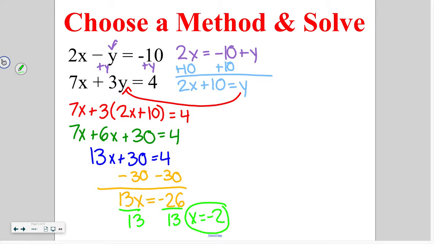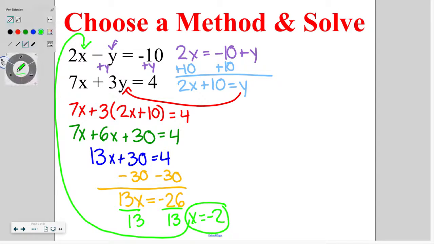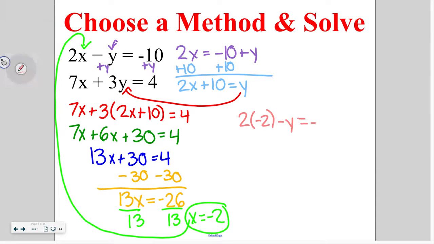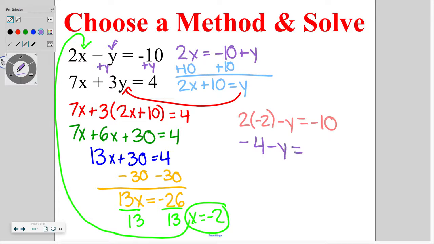Then I'm going to go ahead and plug that back in, and I get 2 times negative 2 minus y is equal to negative 10. If I continue to solve, 2 times negative 2 gives me negative 4 minus y is equal to negative 10.